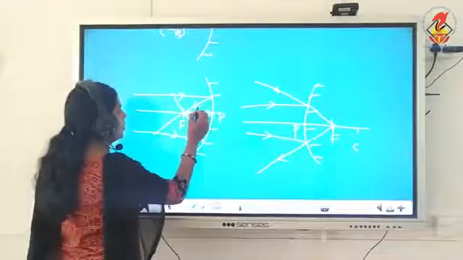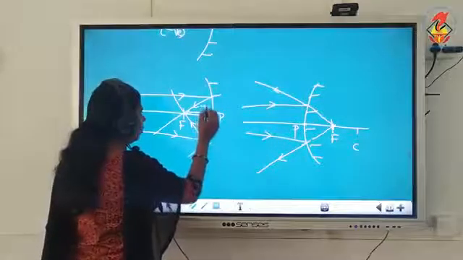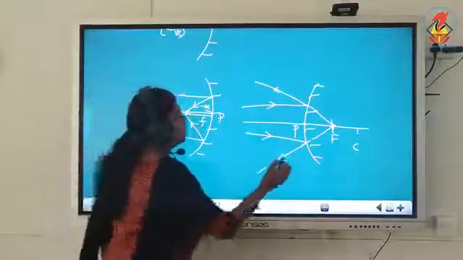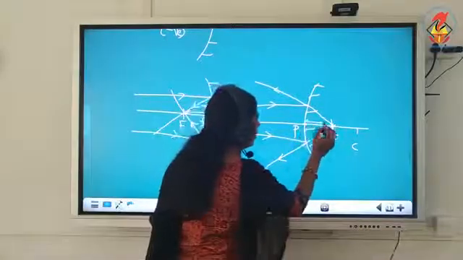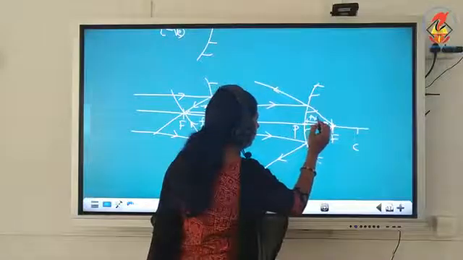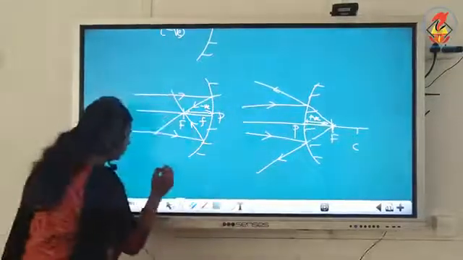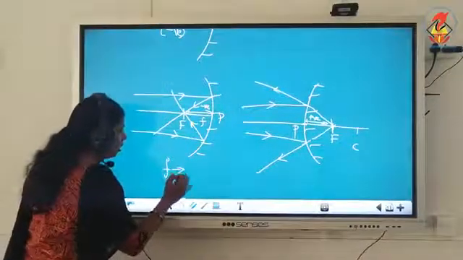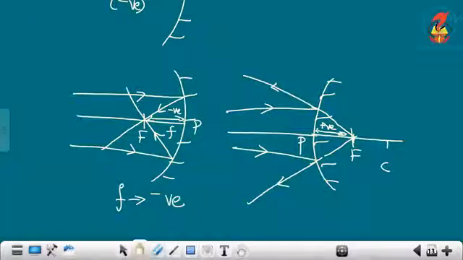So, focal length of concave mirror is negative. Focal length of convex mirror is positive.